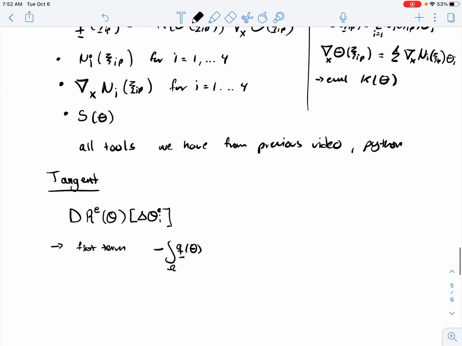It's no problem. So we had that dotted with the gradient of the different shape functions, right? So N1, N2, N3, and N4. So this was our original term in the residual. So let's do the linearization of that in the direction of some increment.